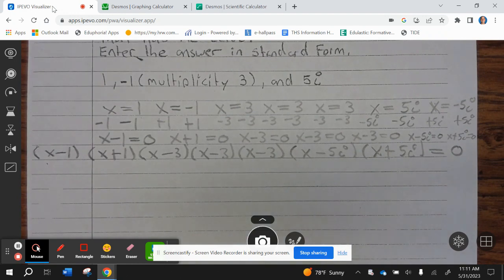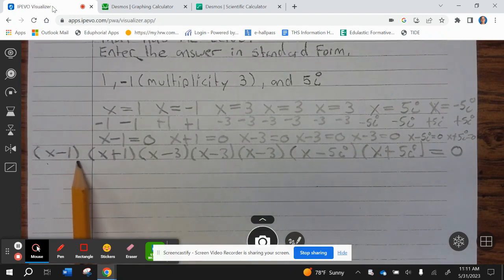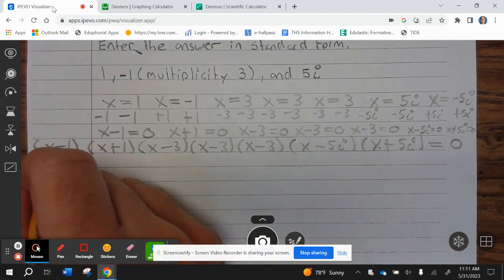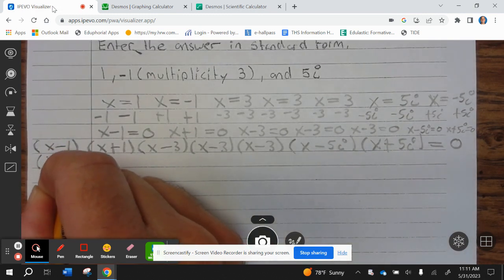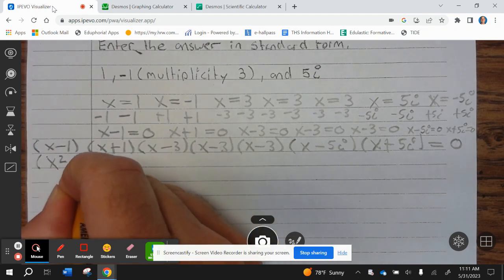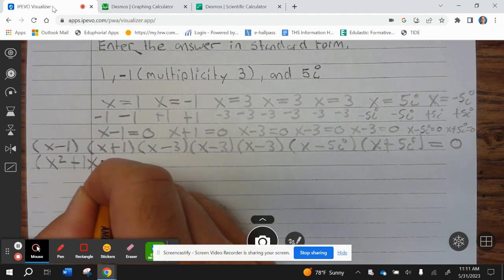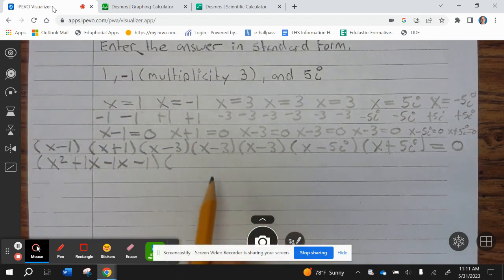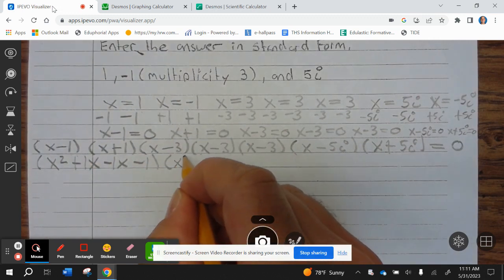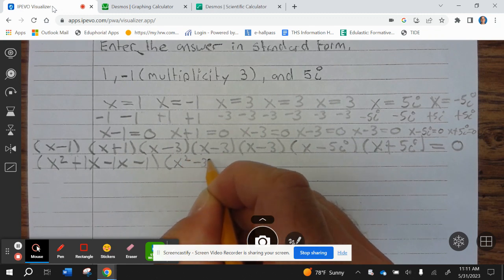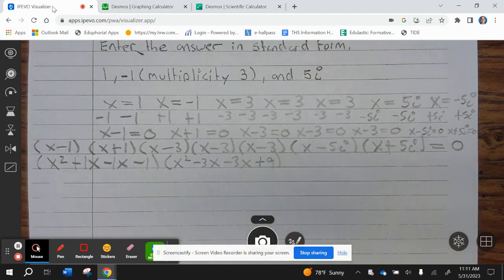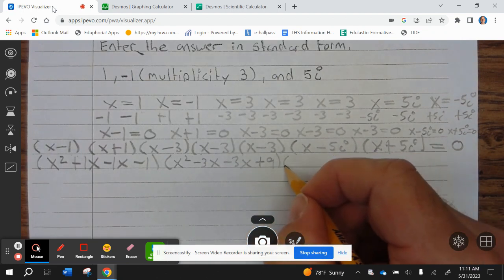Now we're going to need a FOIL. I suggest let's FOIL this, then we'll FOIL this, and we'll just keep FOILing down until we get there. So x times x is x squared. X times 1 is plus 1x minus 1x minus 1. Now let's FOIL this. So that's x times x is x squared minus 3x minus 3x plus 9 times x minus 3.